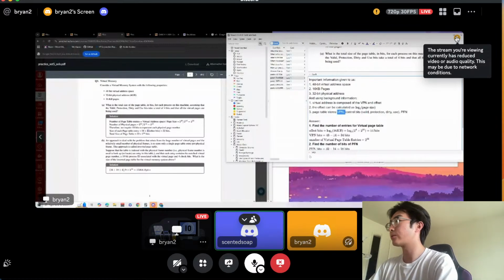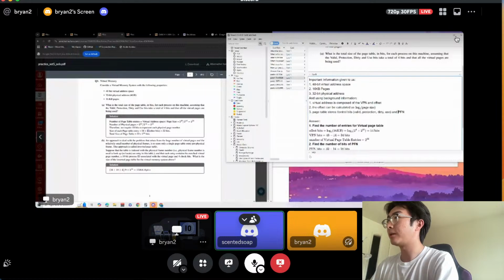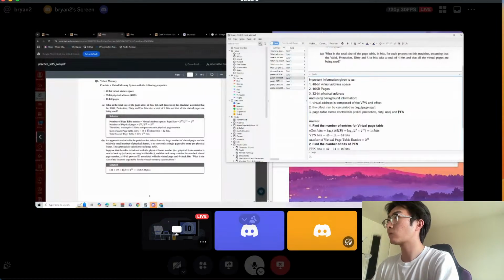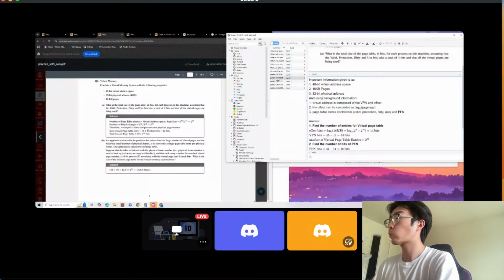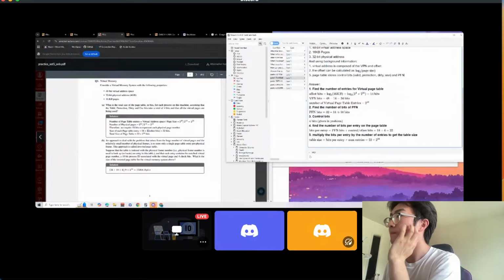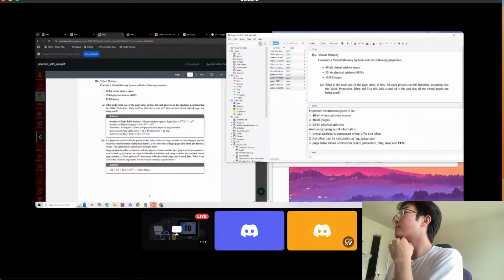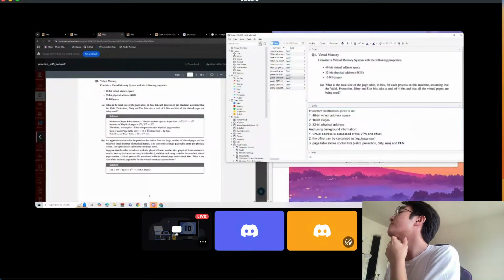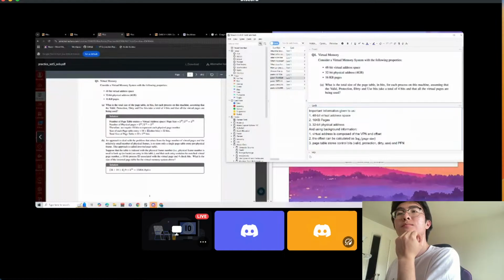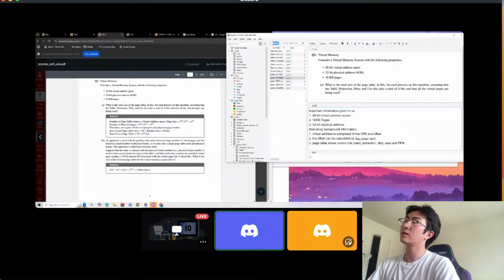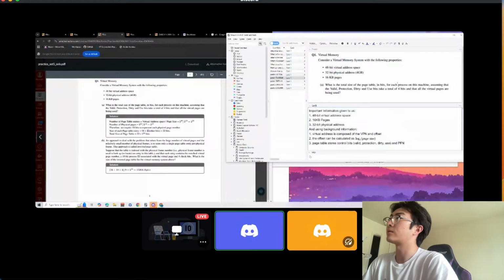So it only stores control bits and PFN. Total size, assuming that, I guess each process, a single entry doesn't represent a process.